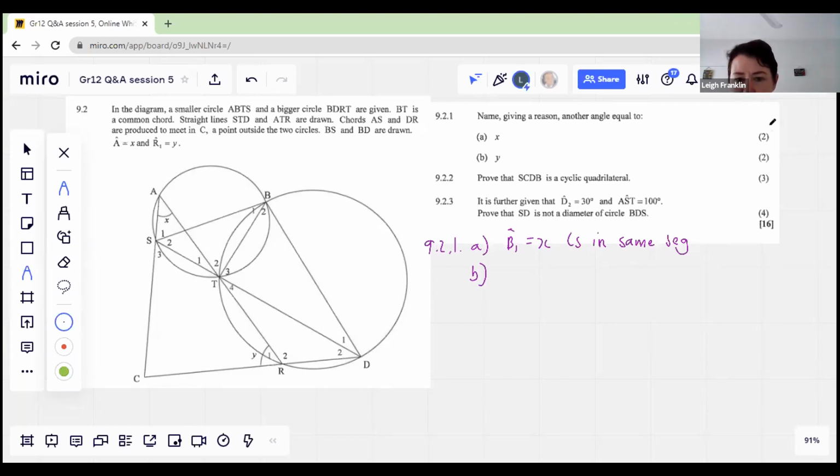Anyone got an idea here? Notice this, I'll give you a little hint then, okay? If you look at where R1 is situated, okay, R1 is an exterior angle. RDBT is a what? What is RDBT?